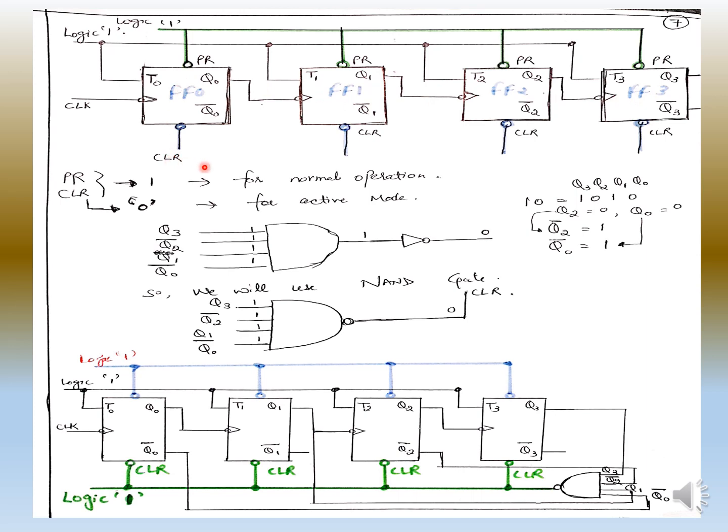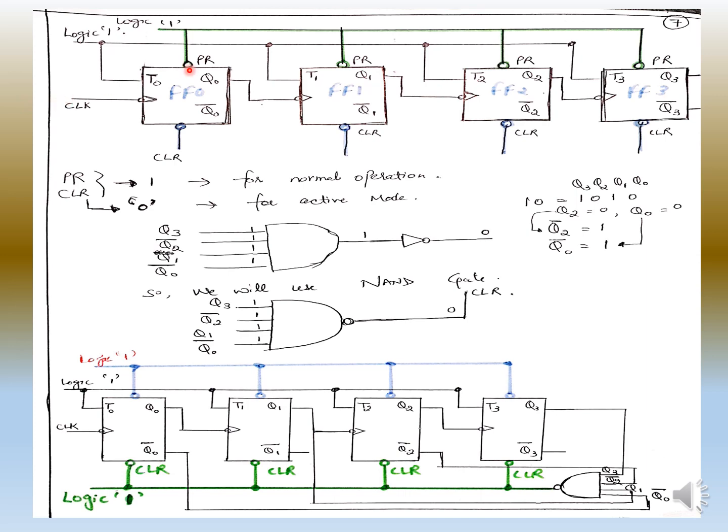So in all of the counters like 2-bit, 3-bit, 4-bit, preset and clear are 1. I have written here that preset and clear are 1 for normal operation. That's why we have not shown preset and clear in those counters, but if you want to show them in those counters as well, you can.